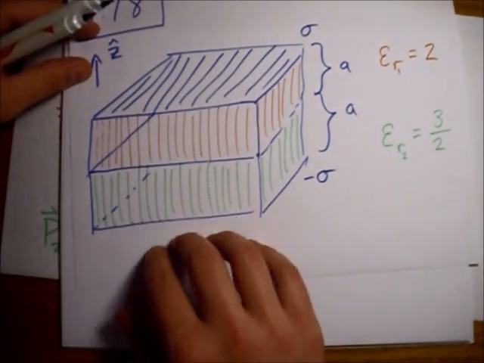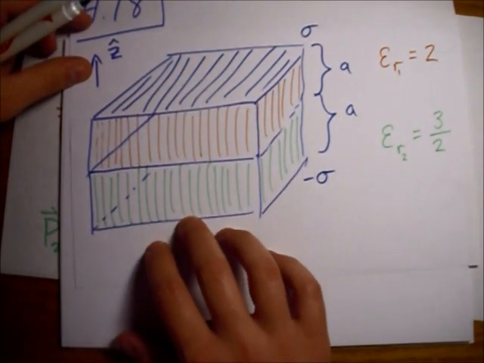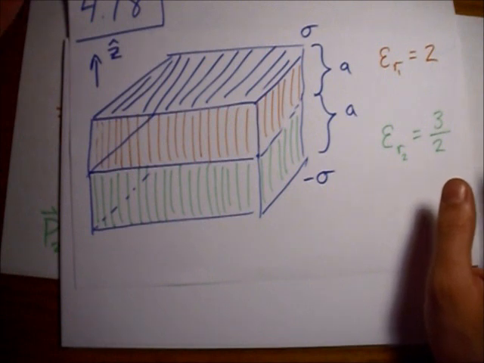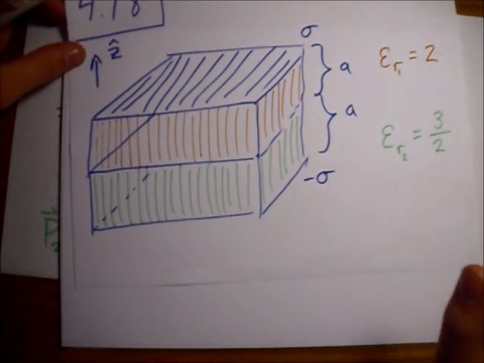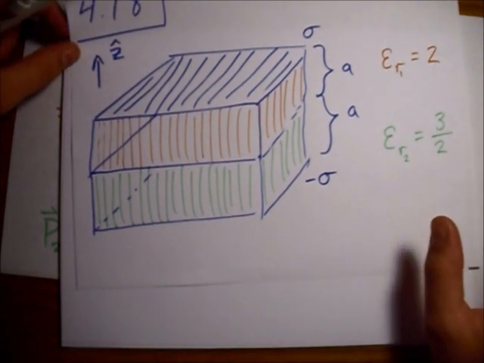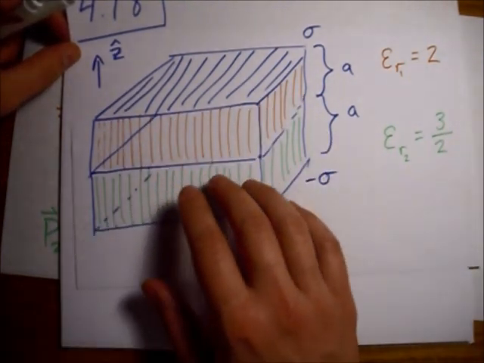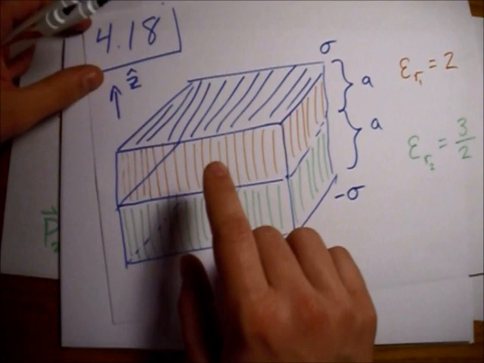All these fields are uniform. The polarizations are all uniform. So the divergence is equal to 0. So we're not dealing with a volume bound charge density here. We're dealing with a surface bound charge density in a few different locations.